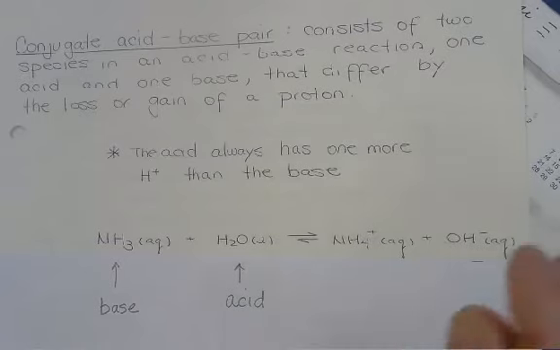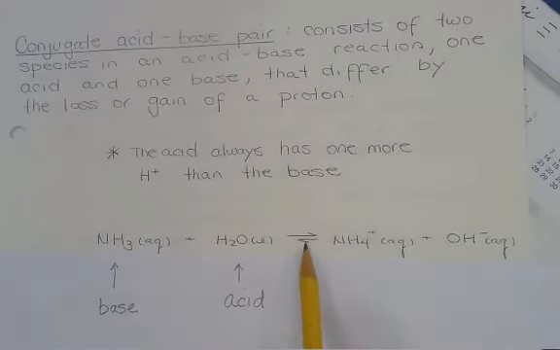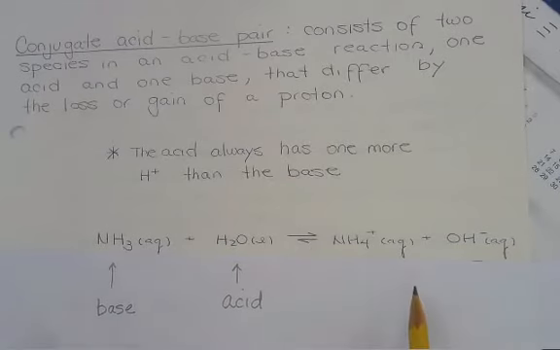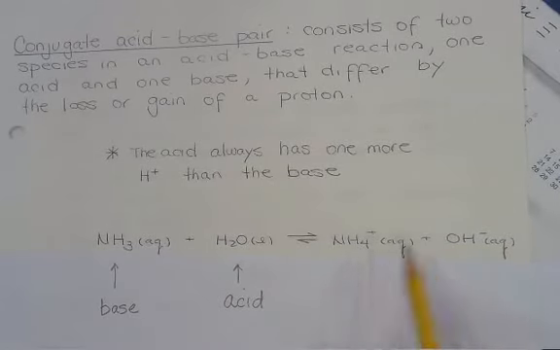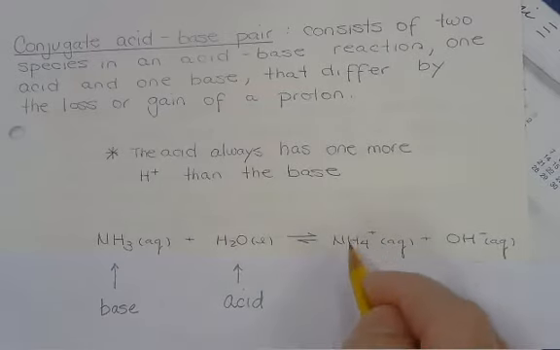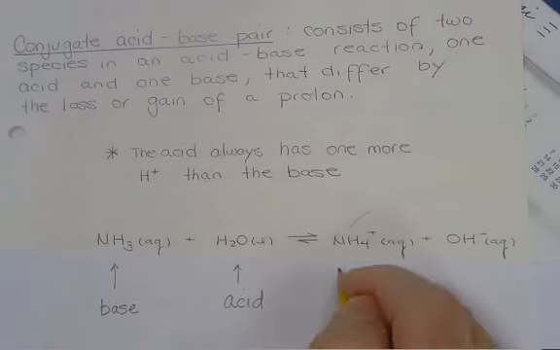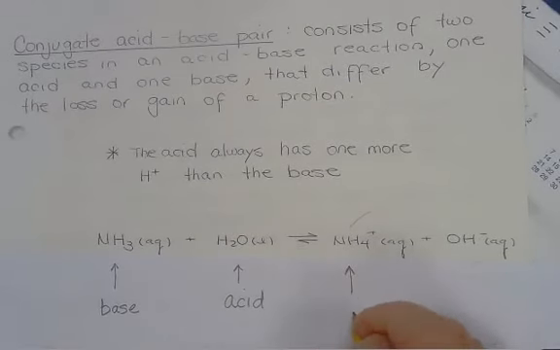Okay, let's go backwards. So now you're switching gears over to this bottom arrow. When you look at the bottom arrow, ask yourself, if I was to go backwards, what would happen if I put ammonium together with hydroxide? Well, boy, this reaction really wants to happen. This guy's going to donate a proton back to the ammonium. So if I'm a proton donor, that makes me an acid going this way.